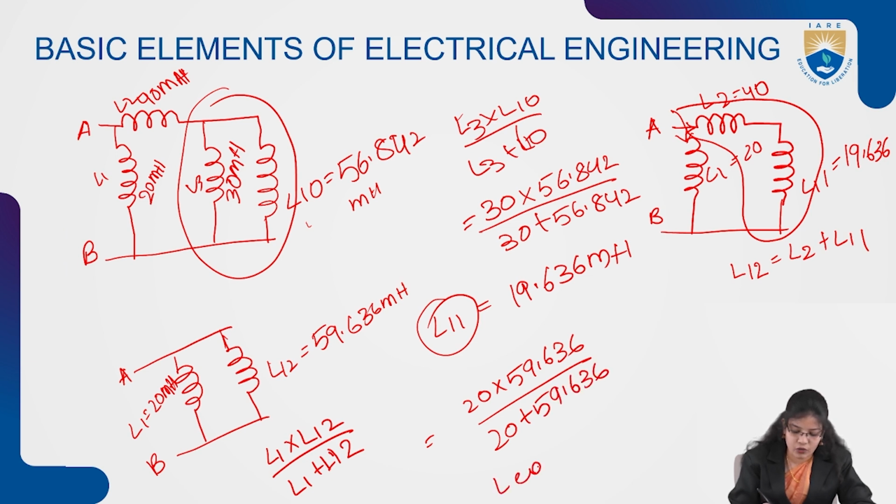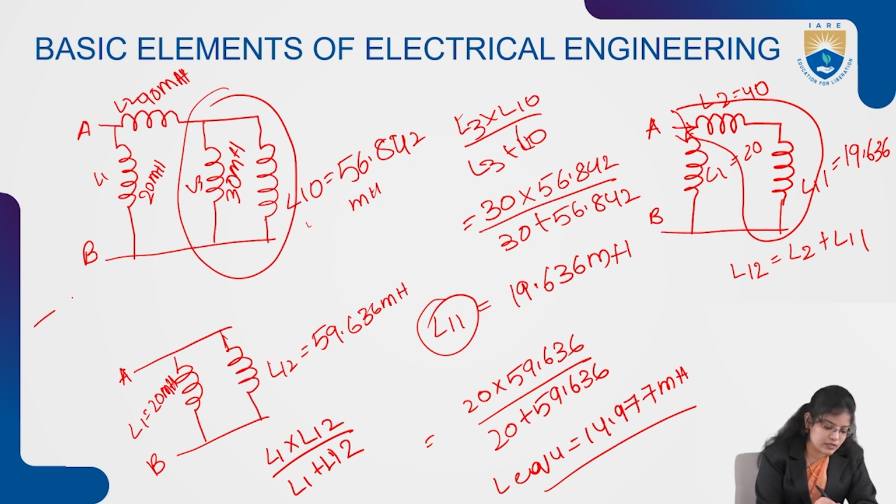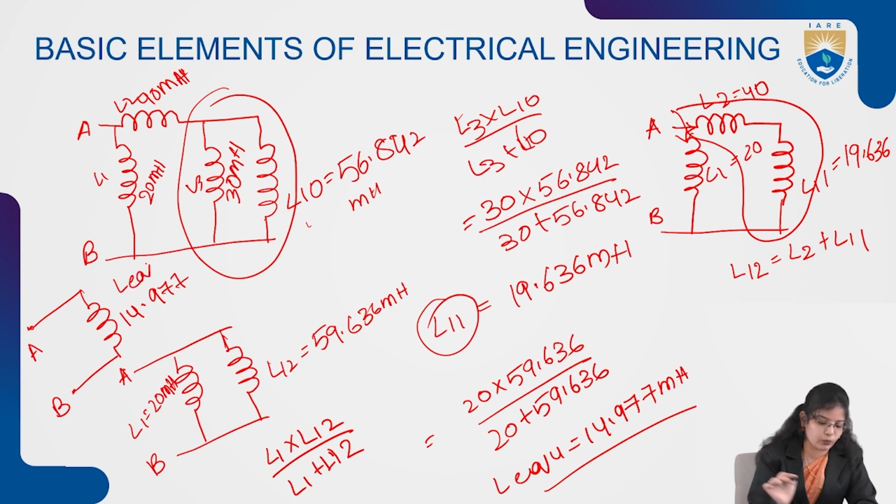So the value of L equivalent will be 14.977 millihenry. So the final circuit will be drawn as the terminals A and B. The inductance across the terminals A and B will be taken as 14.977. This is the value of L equivalent.